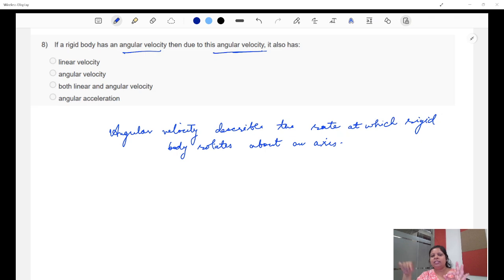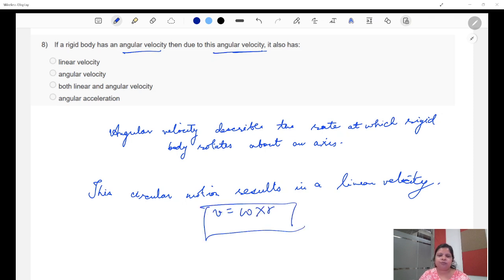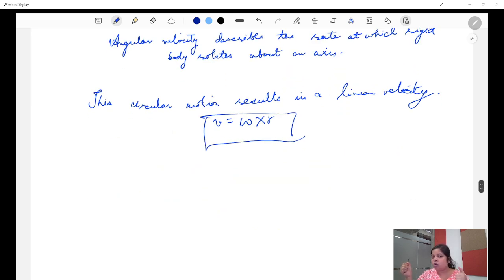The center point remains fixed, and everything apart from it moves in a circular path. This circular motion results in a linear velocity. So you get a linear velocity also on the rigid body. Omega is the angular velocity, r is the position vector from the axis of rotation to that point. Thus the body has both linear velocity and angular velocity.